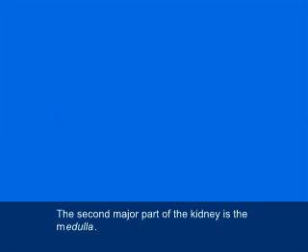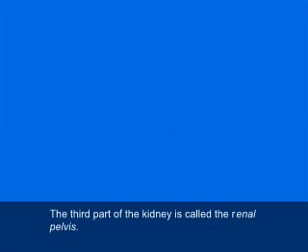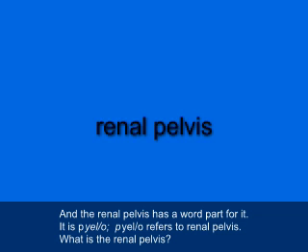The second major part of the kidney is the medulla, and the medulla is the inner region of the kidney. The third part of the kidney is called the renal pelvis. And the renal pelvis has a word part for it.